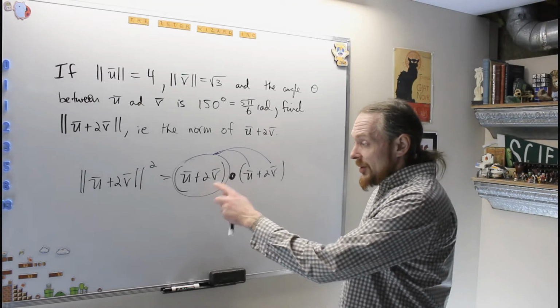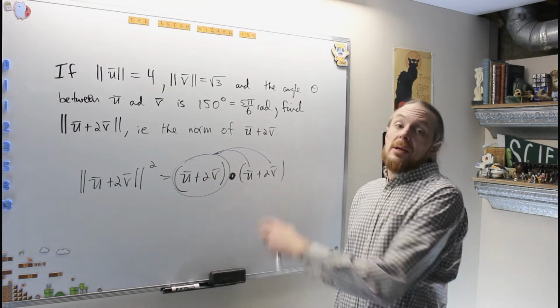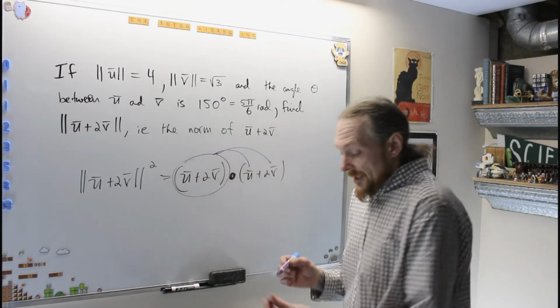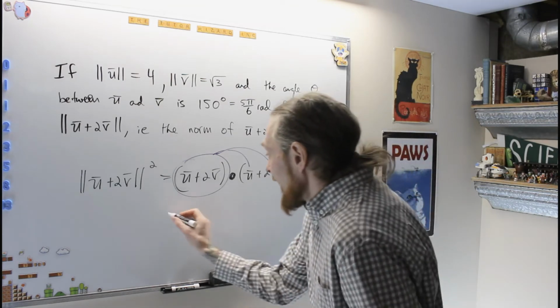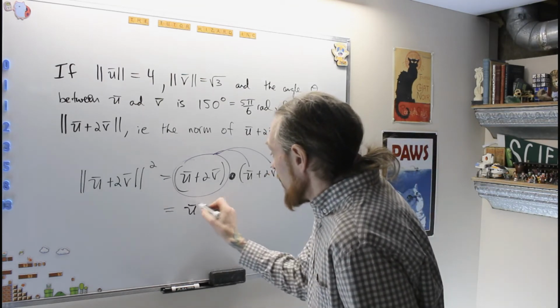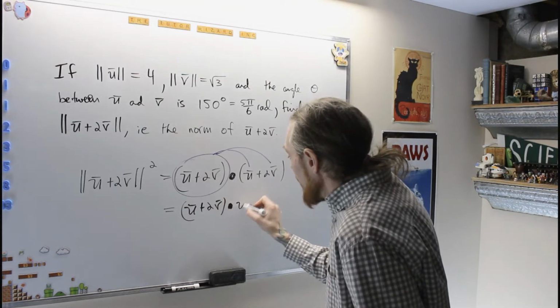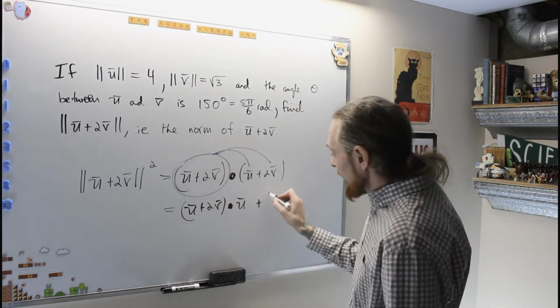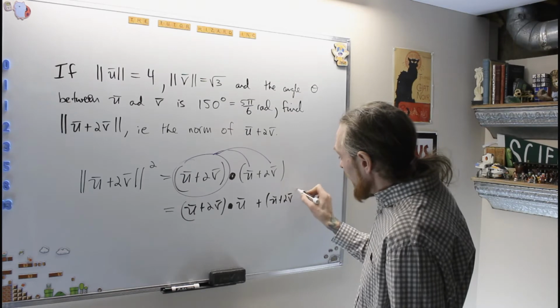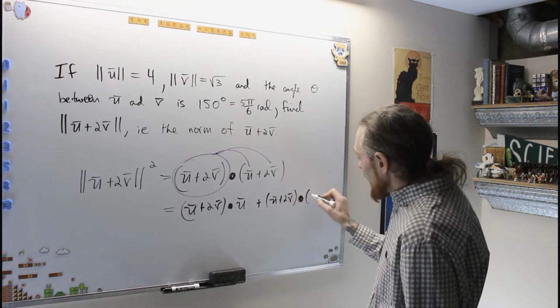I'm allowed to distribute dot product across a sum. So I'm going to do that now. That equals u plus 2v dot product with u, plus u plus 2v dot product with 2v.